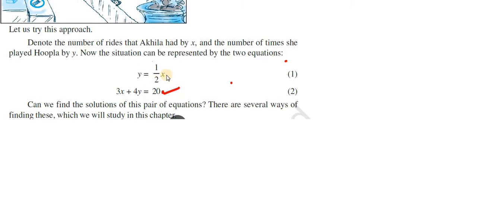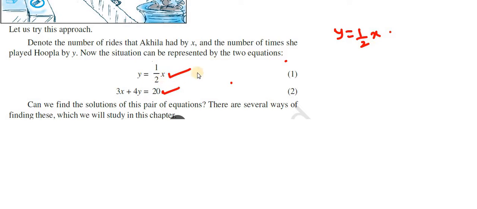Now both of these are linear equations, which we studied in your previous grade, that is, in the ninth grade. In the ninth grade, you solved one equation. We know y is equal to 1 by 2 x, in the sense we find the values of x and y for only one equation.